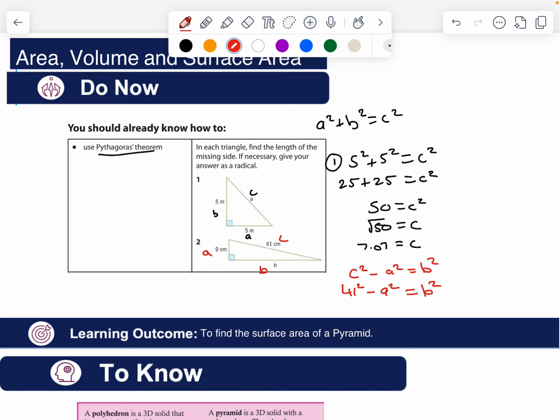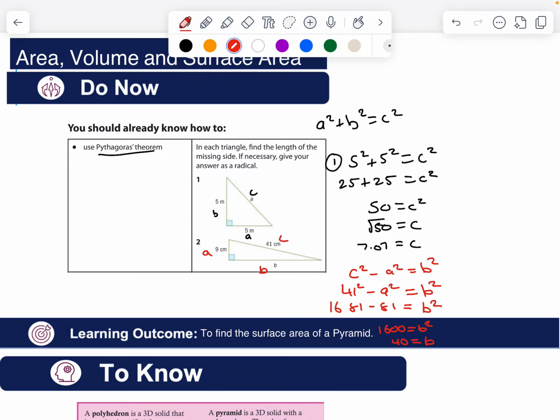So 41 squared is 1681, minus 81 is b squared. So b squared is 1600. If we square root that, we actually get a nice number. B is 40. Okay, so that is using Pythagoras.